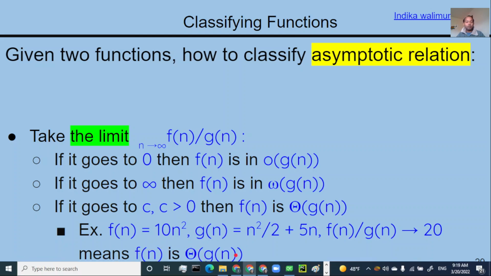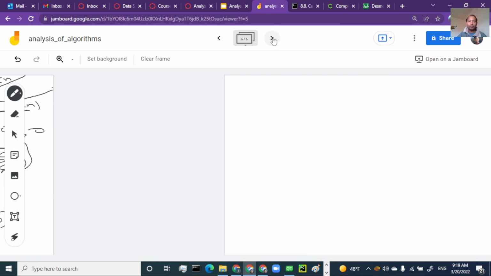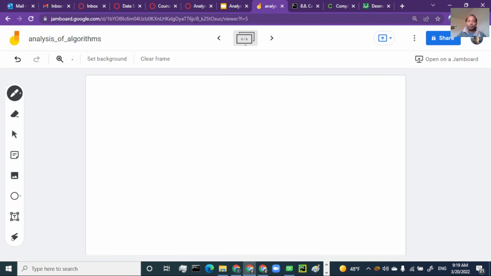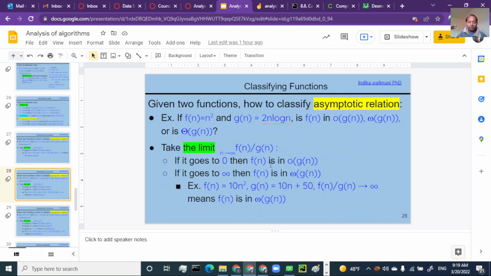Okay. So let's take a quick look at those two as well. Here we had 10 n to the 2, 10 times n to the 2, and then 10n plus 50.